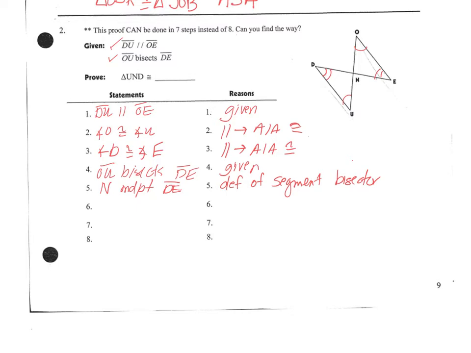But what we really need is that side. And so what happens next then is if N is a midpoint, then segment DN is going to be congruent to segment EN, and that's our definition of a midpoint.